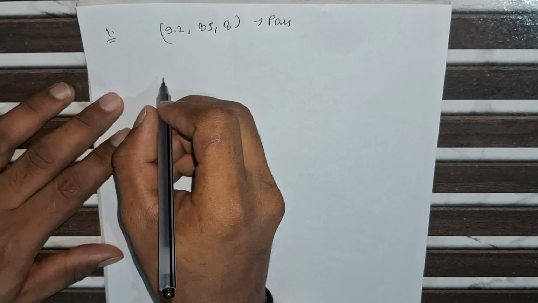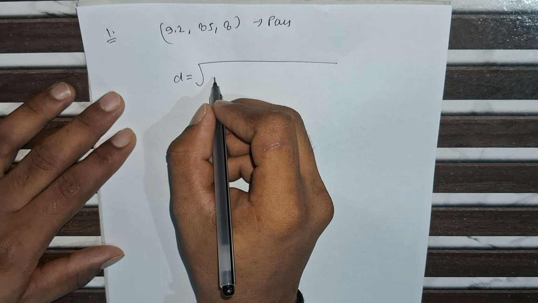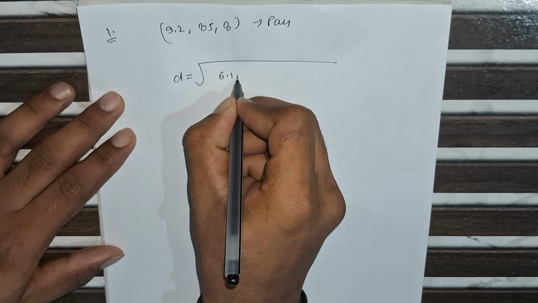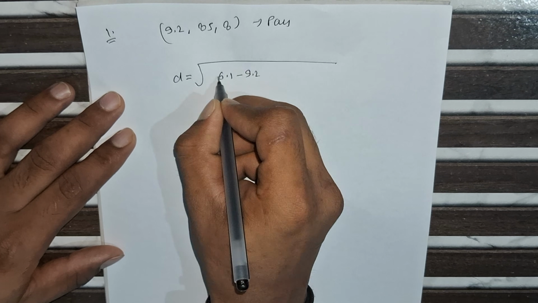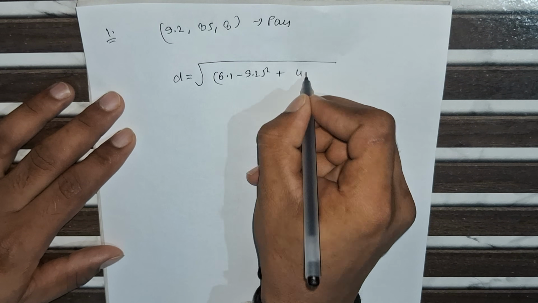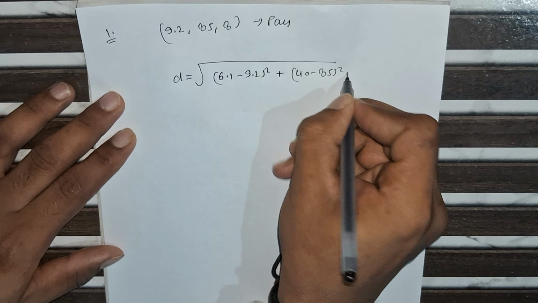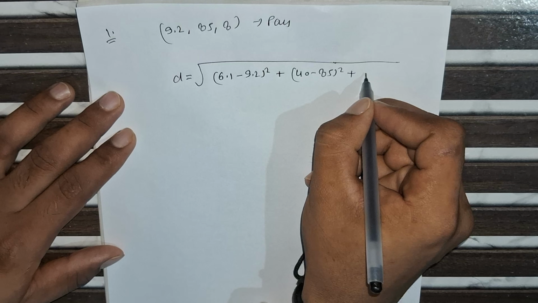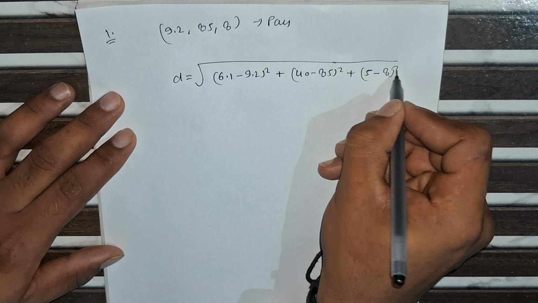So d equals to under root, what is our x1, which is 6.1 minus x2 is 9.2, so 9.2 whole square plus our y1 is 40 minus y2 is 85 whole square plus our z1 is 5 minus our z2 is 8, so 8 whole square.